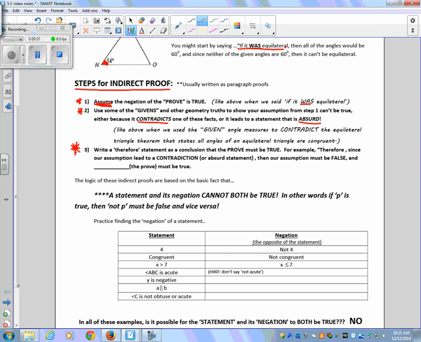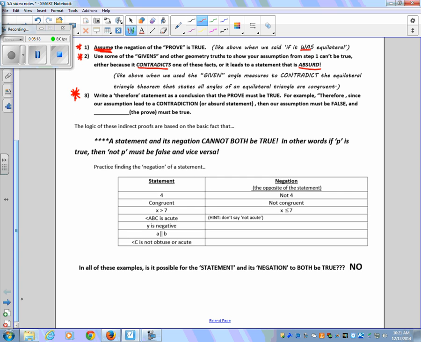So by proving in this example up above that this triangle can't possibly be equilateral, we've therefore indirectly proven that it must not be equilateral. Okay, because it can't possibly be equilateral. We've proven that it's impossible for it to be equilateral. Therefore, we've proven that it is not equilateral.